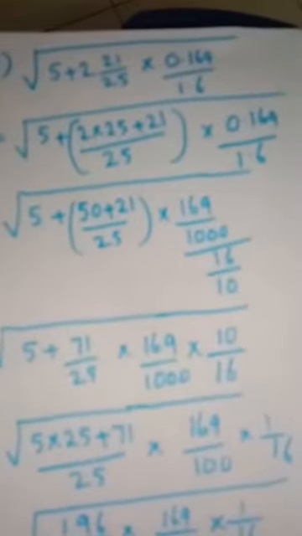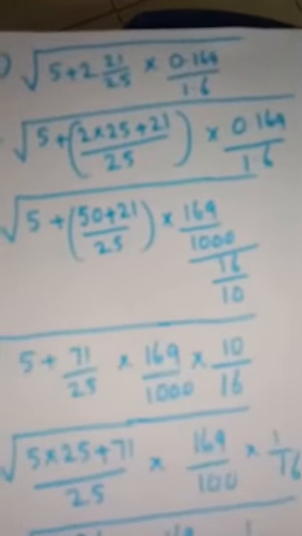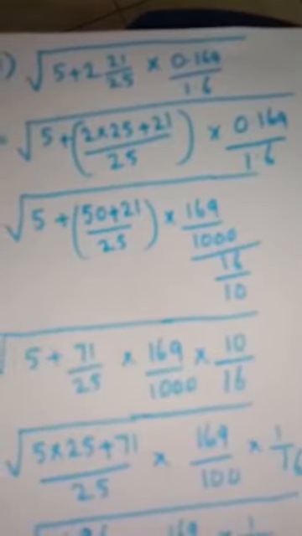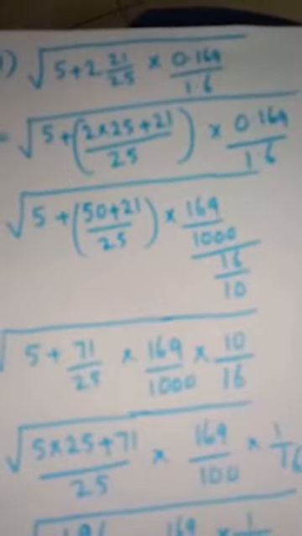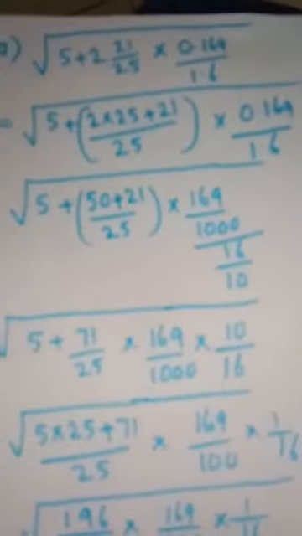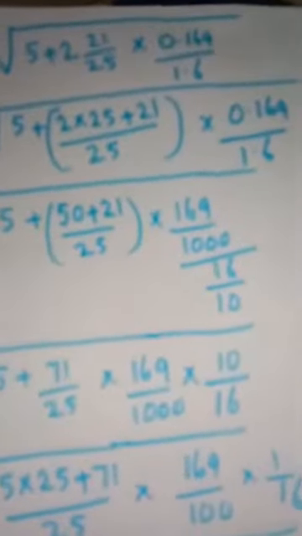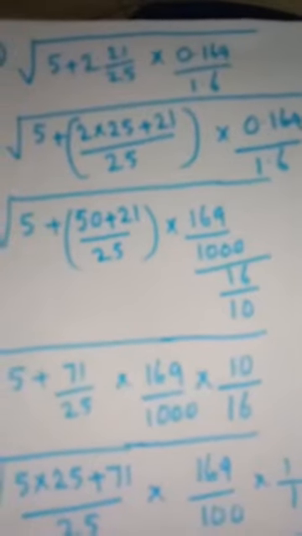Root of 5 plus 2 21 by 25 into 0.169 by 1.6. Here, how to do this one? First, a mixed fraction is there, 2 21 by 25.